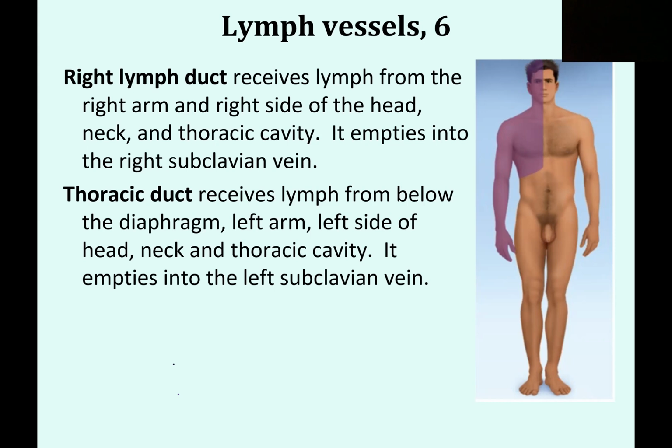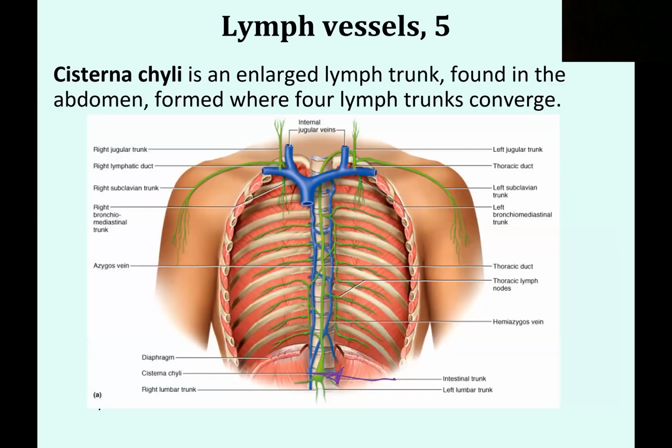So most of the lymph is going to go into the thoracic duct, and part of it goes into the right lymphatic duct. If we go back to this picture, you can see the thoracic duct here and the right lymphatic duct here.